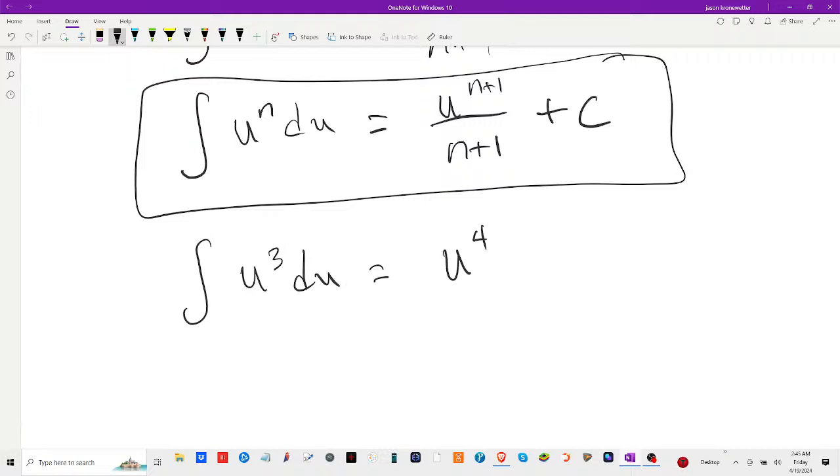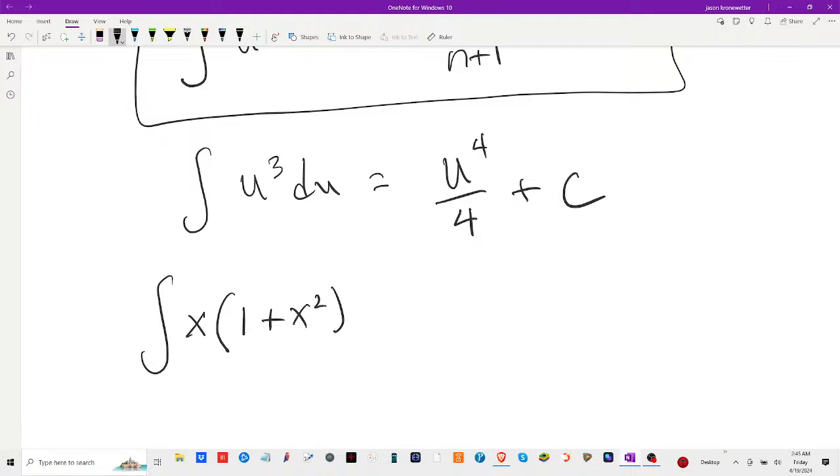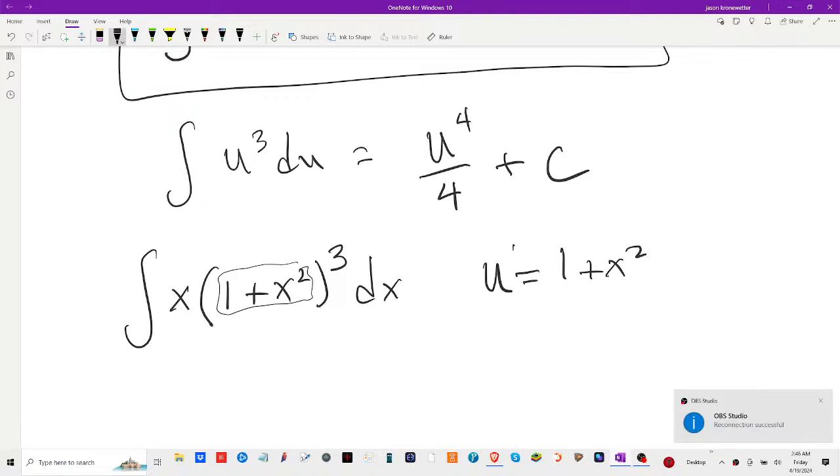That is u to the 4th over 4 plus c. Okay, but you're never given that problem, right? That's too easy. But you might be given this. You might be given x times 1 plus x squared cubed dx.